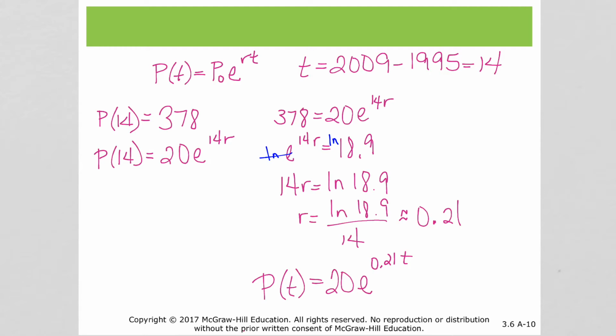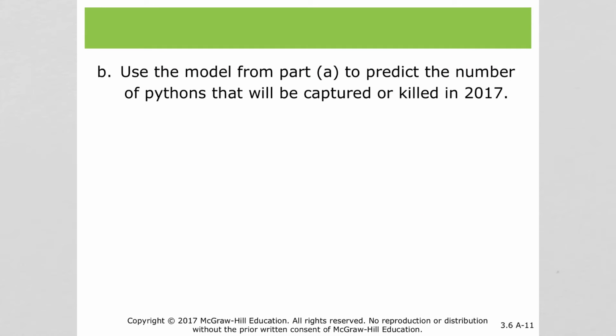So part B says to use that formula to predict the number of pythons that will be captured or killed in 2017.